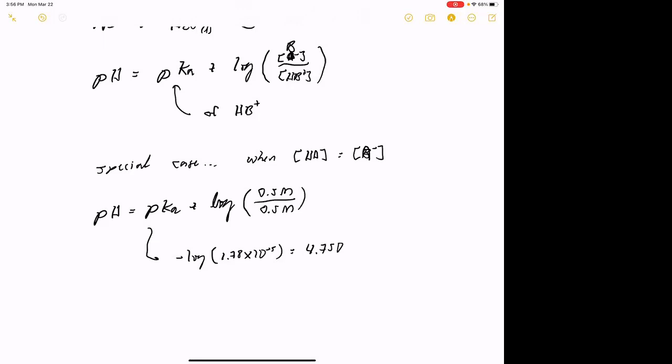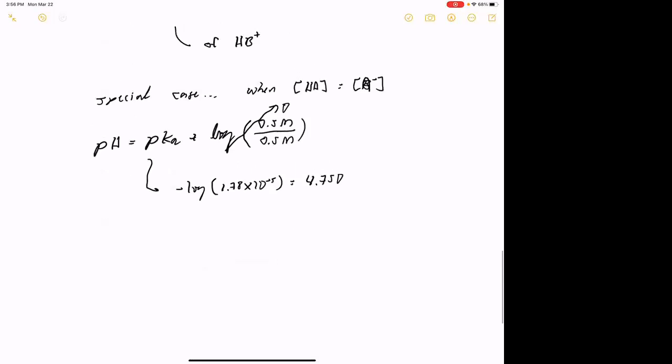Okay. Now, what happens to the log term? When you get 0.5 over 0.5, that's 1. And if you take the base 10 log of 1, that's equal to 0. So that whole term goes to 0.